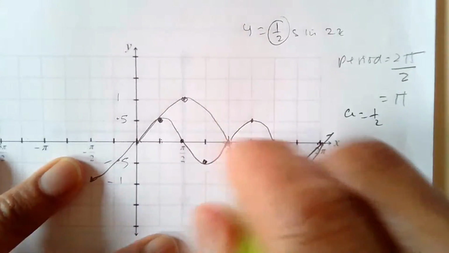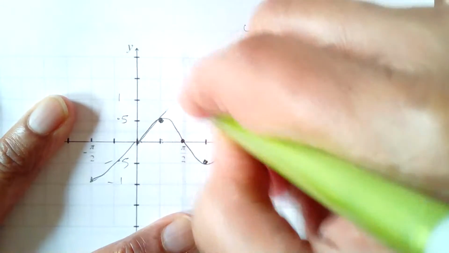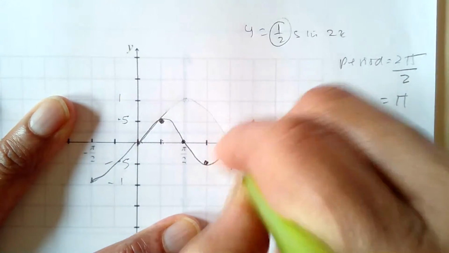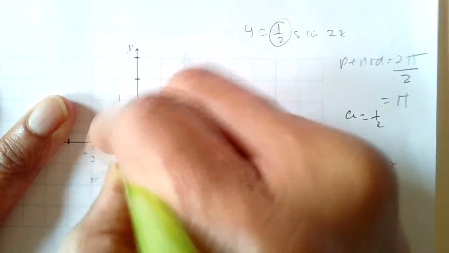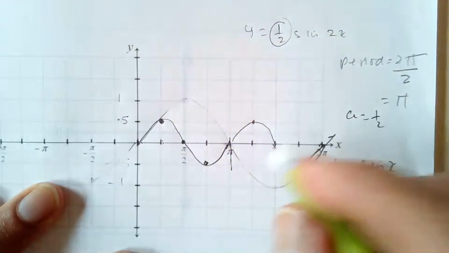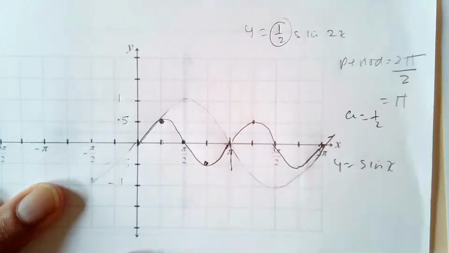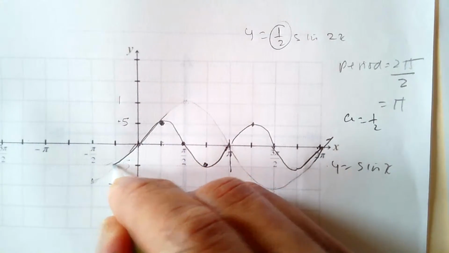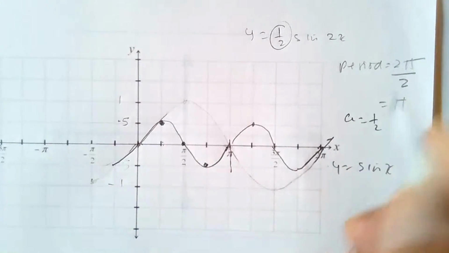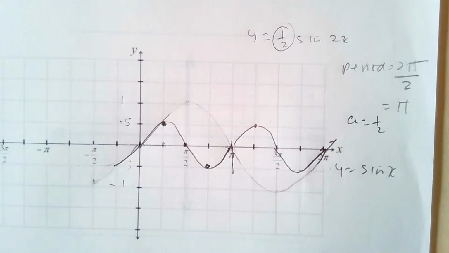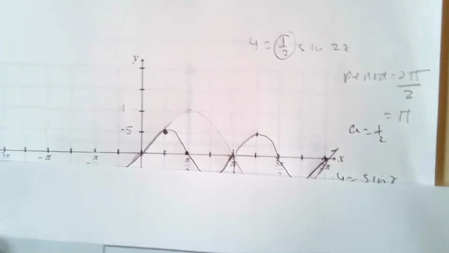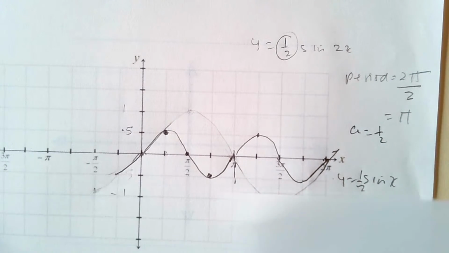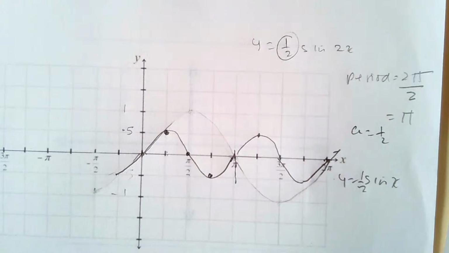If I were to remove this one part here, this is my original sine graph. Now I'm left with y is equal to half sine x, so it's now right here.